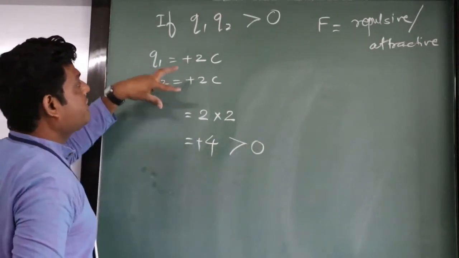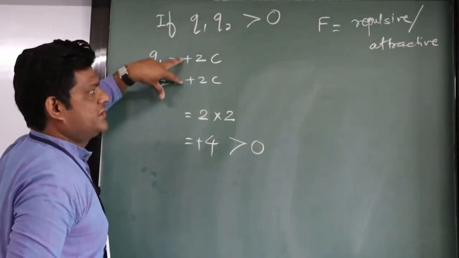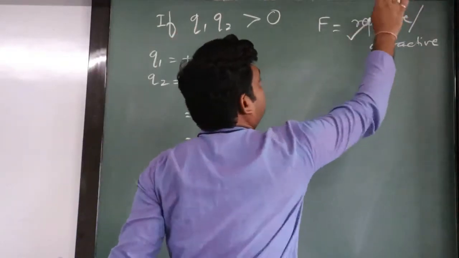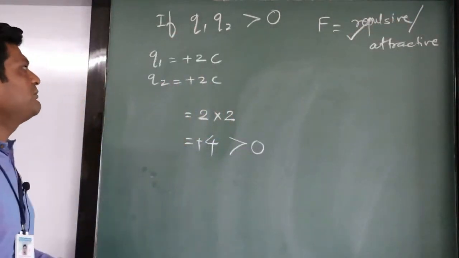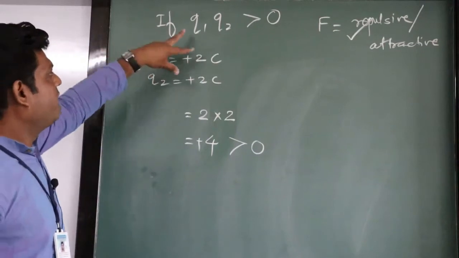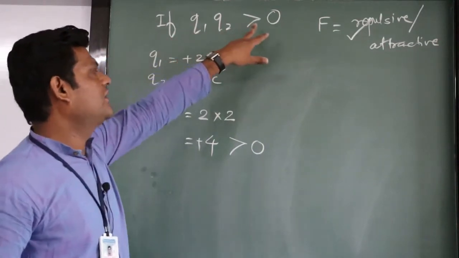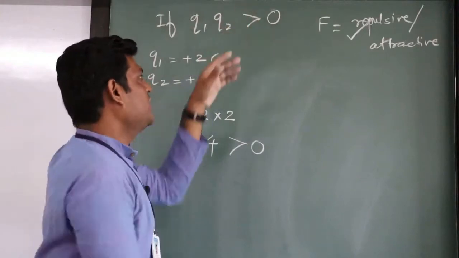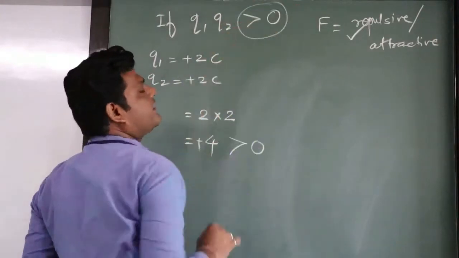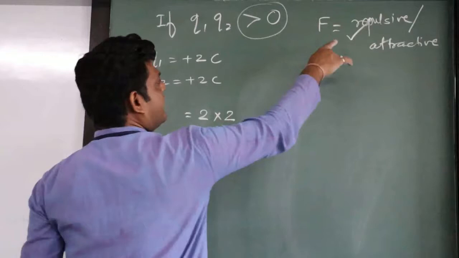So what is the force between two plus charges? It will obviously be repulsive. When the two charges are of the same sign, this condition is satisfied, greater than 0, and the force will be repulsive.